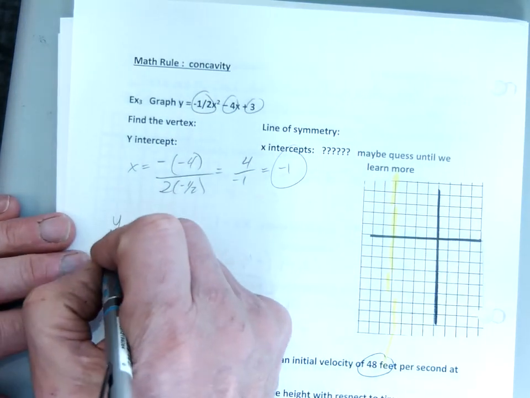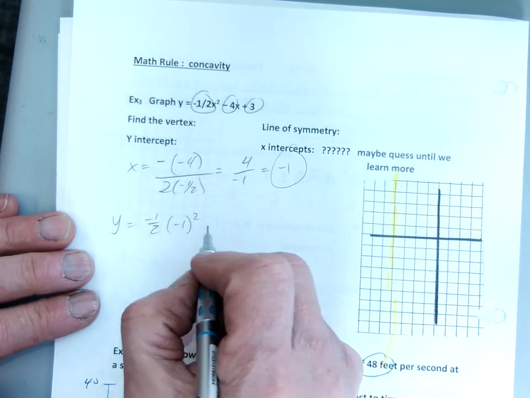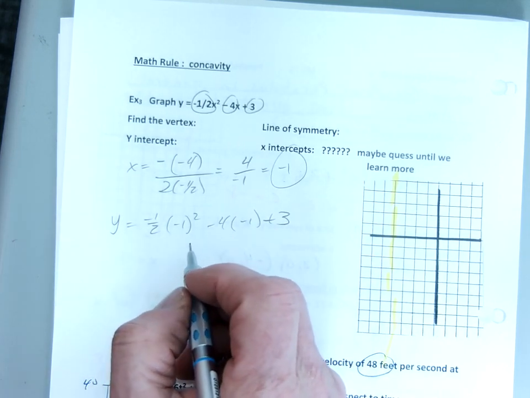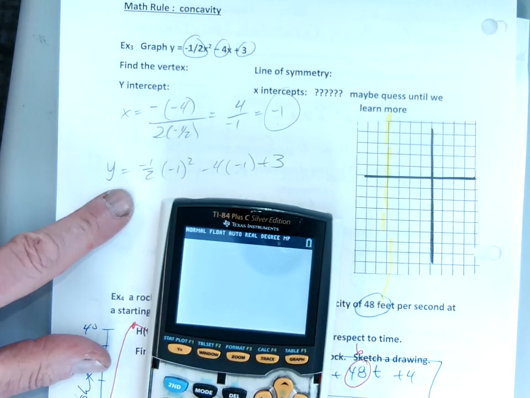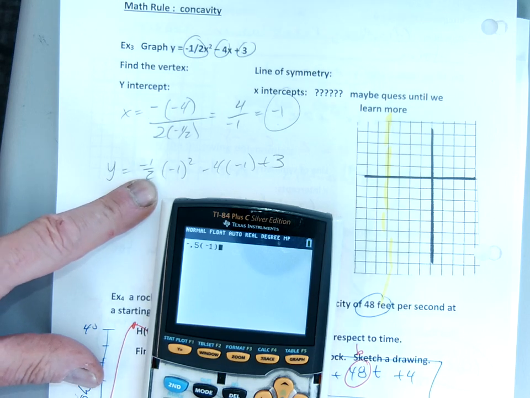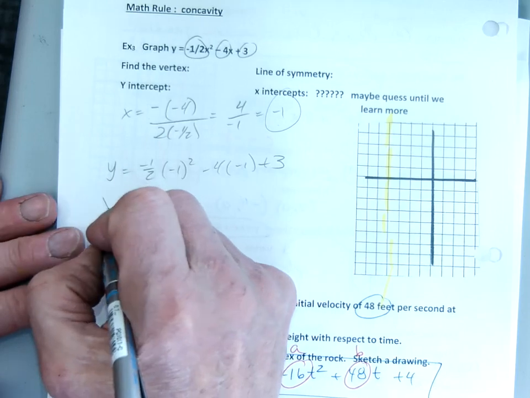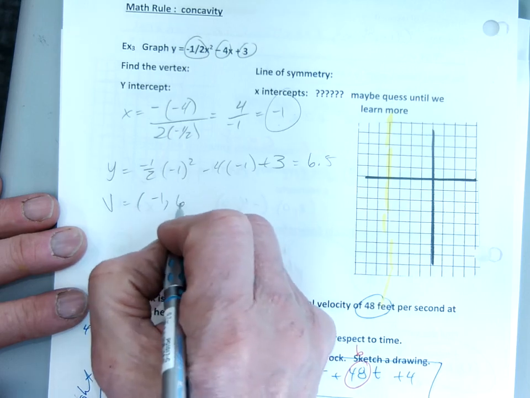So I'll go y equals, plug it in for x, -1/2 times -1 squared, minus 4 times -1 plus 3. And again, I can use my calculator, or I can just do it in my head, but it's so much easier with the calculator. I'll show you how to do it on the calculator. -0.5 times -1 squared, subtract 4 times -1 plus 3, and I get about 6.5, okay? So my vertex is at -1, 6.5.